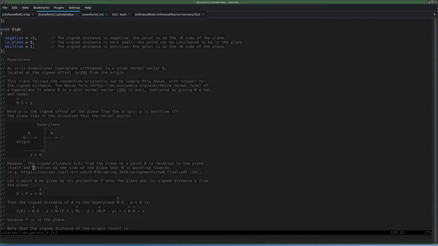I'm going to remove also, it's a bit vague. And positive if A is on the side of the plane that n is pointing towards.